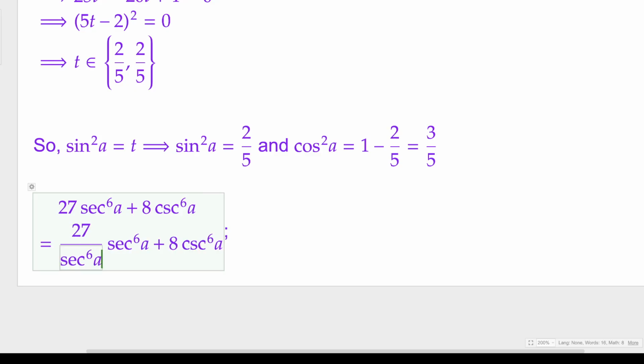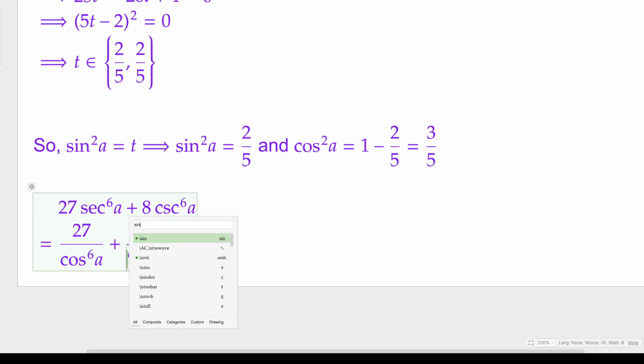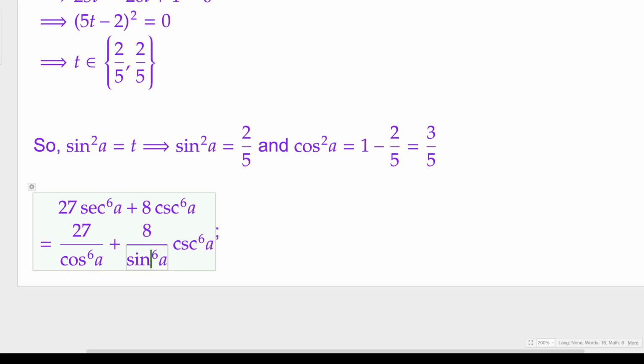So this will be cos a power 6, and for cosecant we can write this one as 8 over sine a power 6.